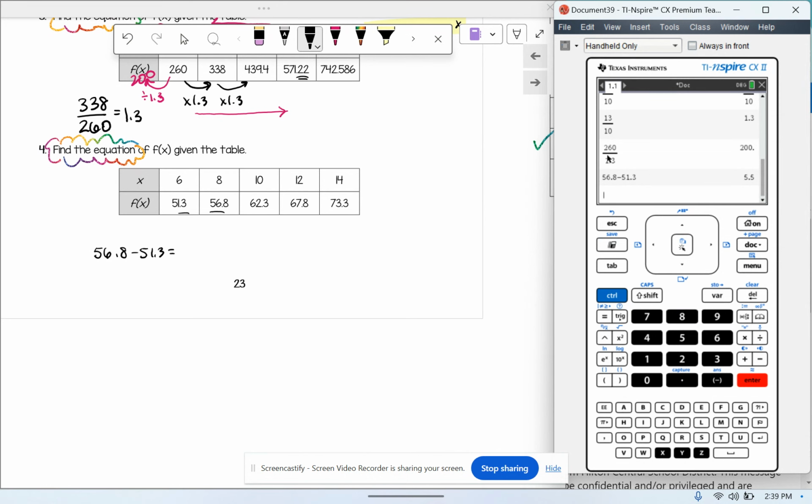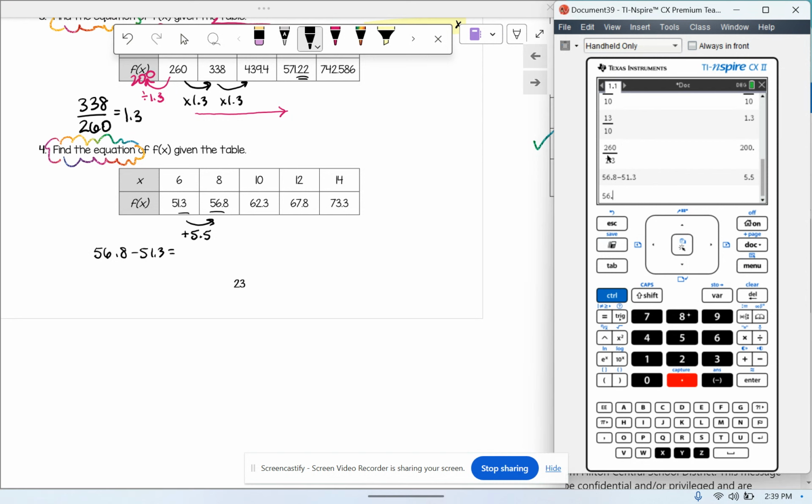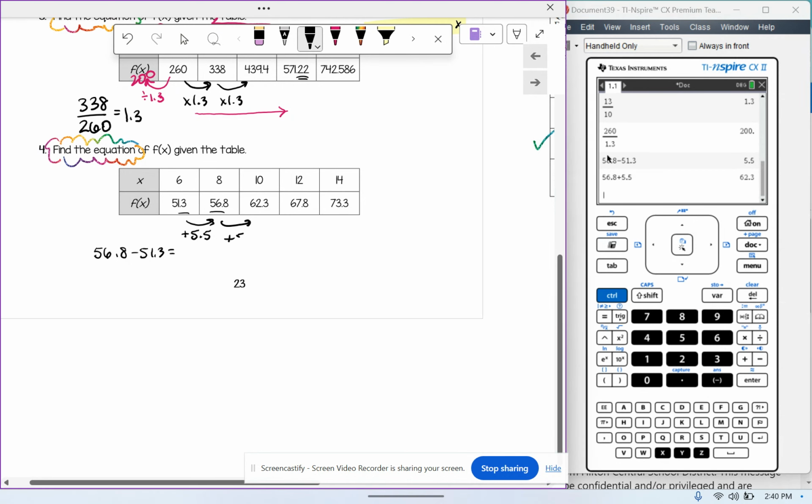Oh yeah, okay, so it's 5.5 plus 5.5. And then I just want to see if that holds true. So if I do 56.8 plus 5.5, I do get to 62.3. I have confirmed that this is in fact linear.